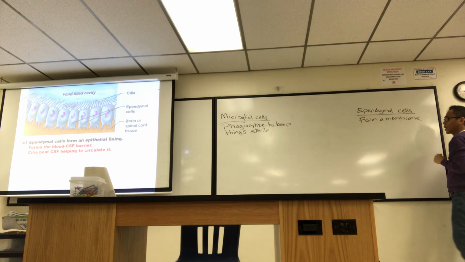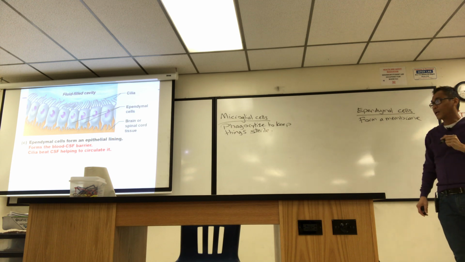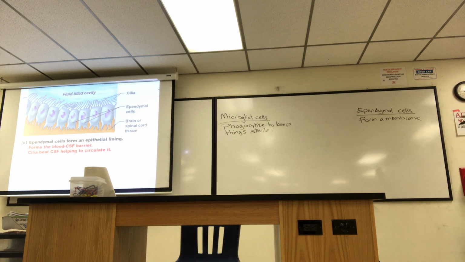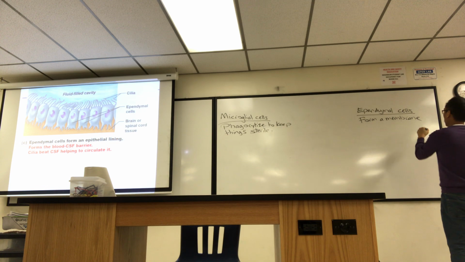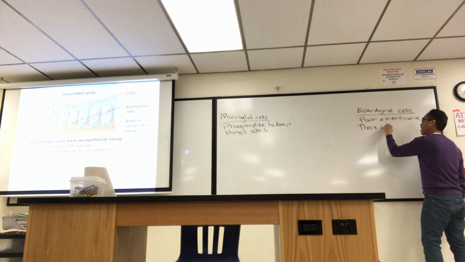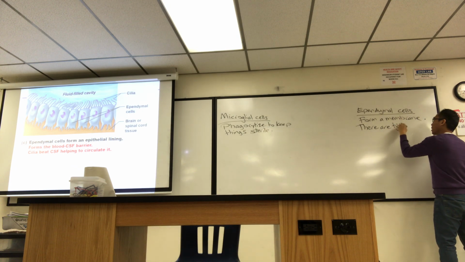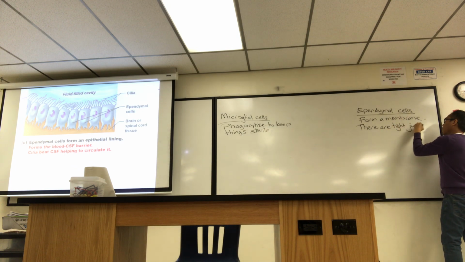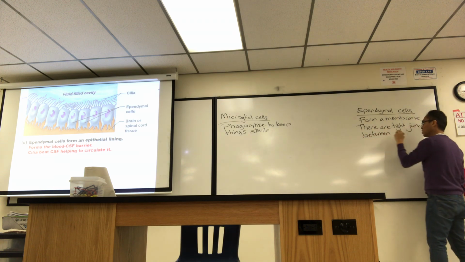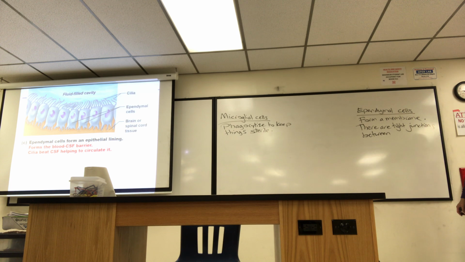So they form a membrane, and what they do is, what is not really showing you there is that there are tight junctions between those cells. So all right, there are tight junctions between ependymal cells.